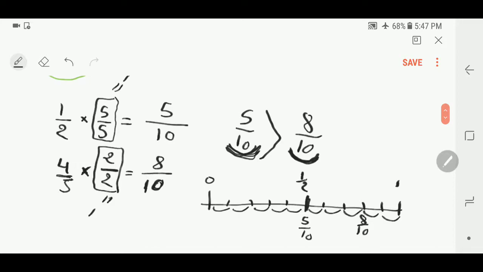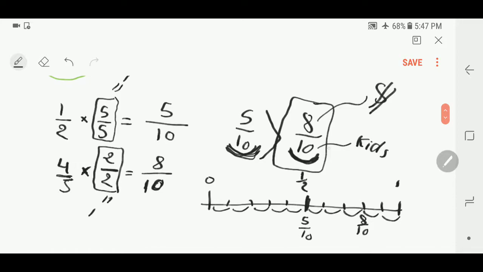Of course, when I gave you $8, this group is going to get more because I gave you more money to divide. It's like 8 divided by 10 versus 5 divided by 10.